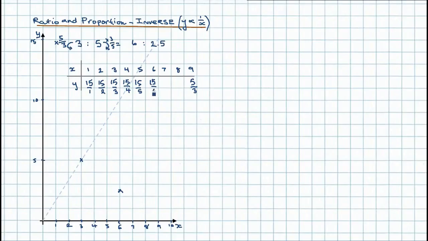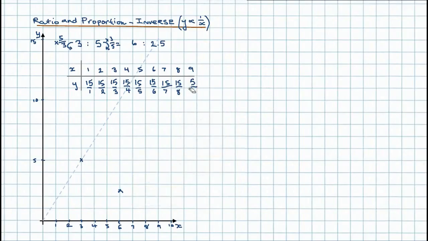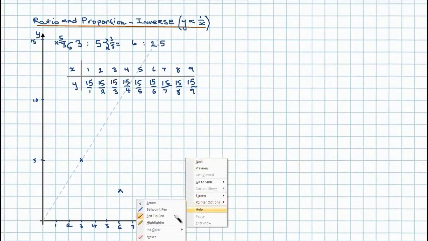And now we can see this pattern. 1, 2, 3, 4, 5, 6, 7, 8. Okay? And this could be expressed as 9 if you like. So 15/9. So now we can plot these values on our graph. Let's start at 1. 1 along then, and 15 up. Let's just erase our workings here.